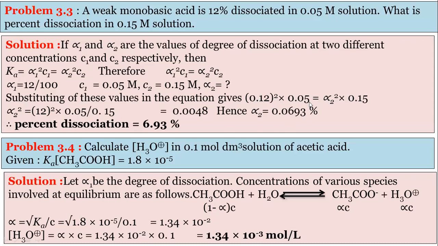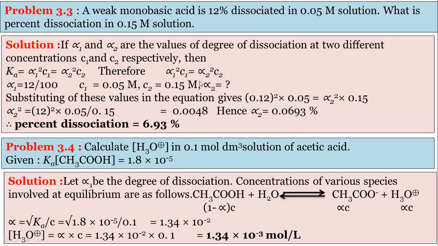So by putting these values and solving this equation, we will get 0.0048. Hence alpha 2 is equal to 0.0693 percentage. This is alpha 2, means we have to calculate this percent dissociation value in 0.15 molar solution. This is a 3 marks numerical, remember.